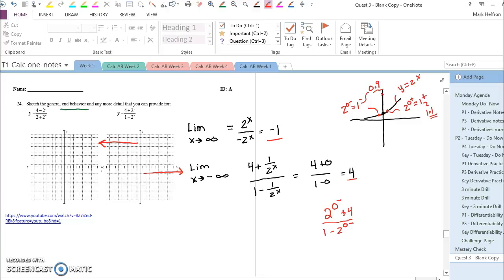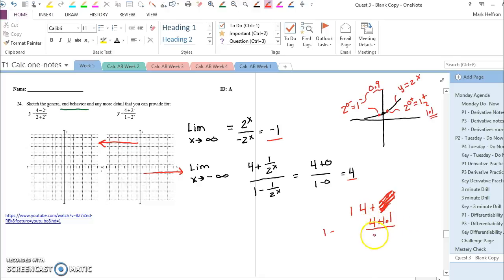So now as we start plugging these numbers in, we're looking at 4 plus 2 to the 0 positive. We said this was about 1.1. So maybe 4 plus 1.1.